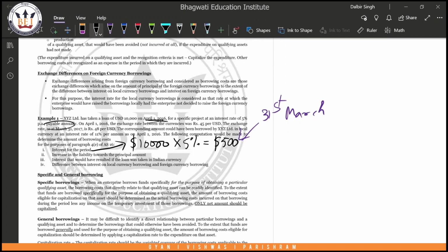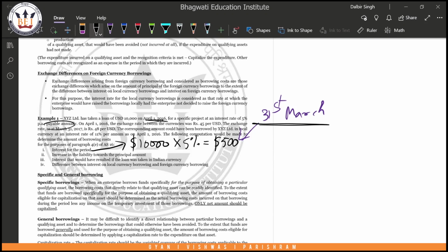Now I am XYZ Limited, an Indian company, so I'm preparing my financial statements in INR. So if I have an interest cost, a finance charge in USD, I have to convert that into INR. Now when am I paying this? I'm paying this on 31st March, which means in order for me to pay 500 USD of interest on 31st March, I have to borrow 500 USD on 31st March.